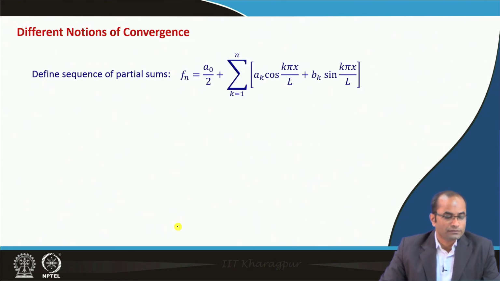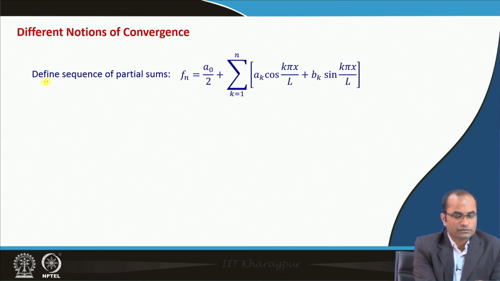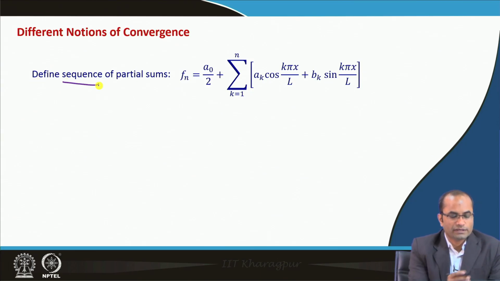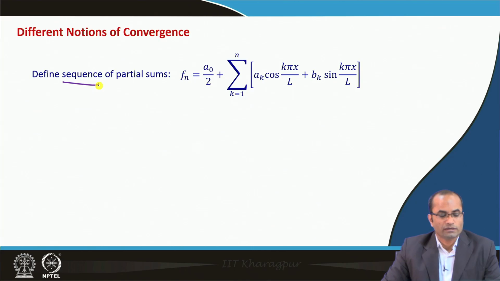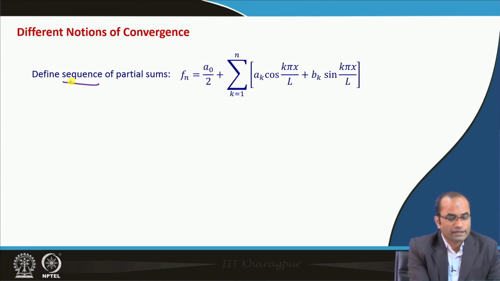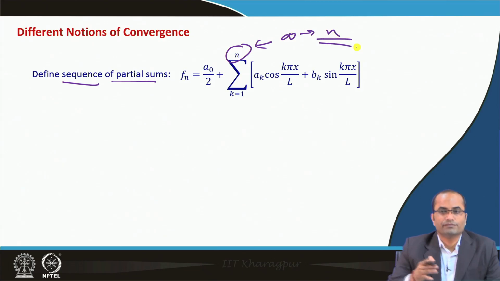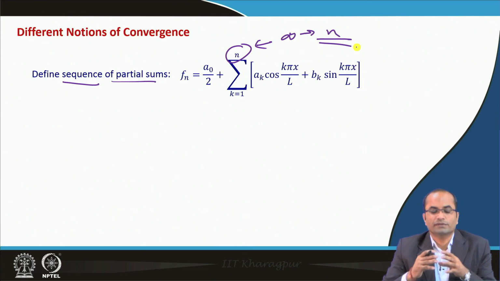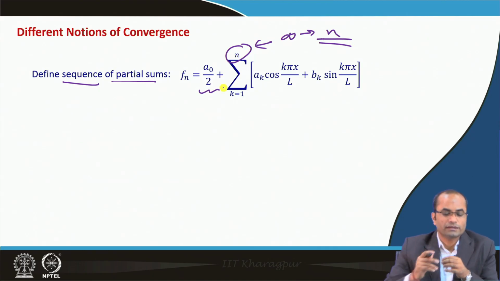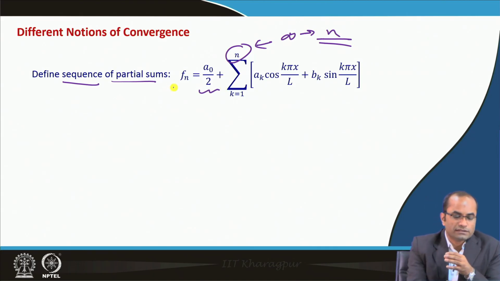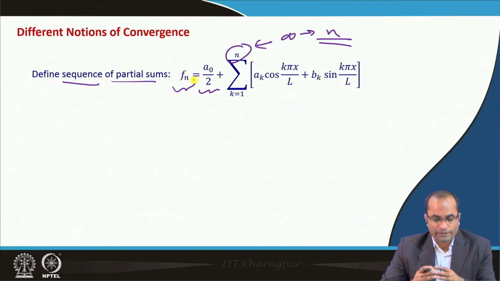Now we will define a sequence, because we need a sequence when we are talking about convergence. So we define the sequence of the partial sums. Instead of infinity there, we have just replaced infinity by n to have the first n terms of the series together with the first term, and we call this sum f_n.